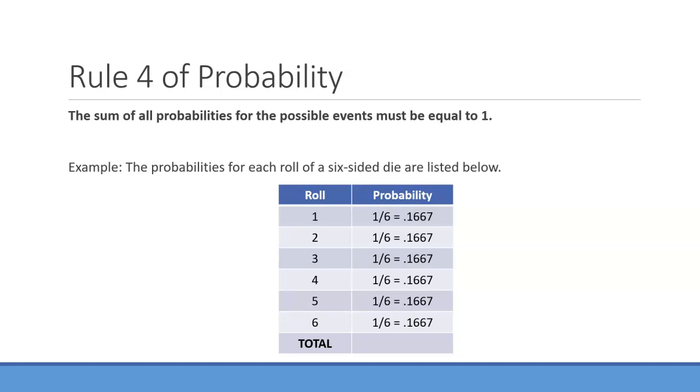So those come out to about 0.1667, roughly a 16 to 17% chance. If you add up all of those probabilities, you get 6 out of 6, or 1. Right? The sum of all of the probabilities for the possible events must be equal to 1.